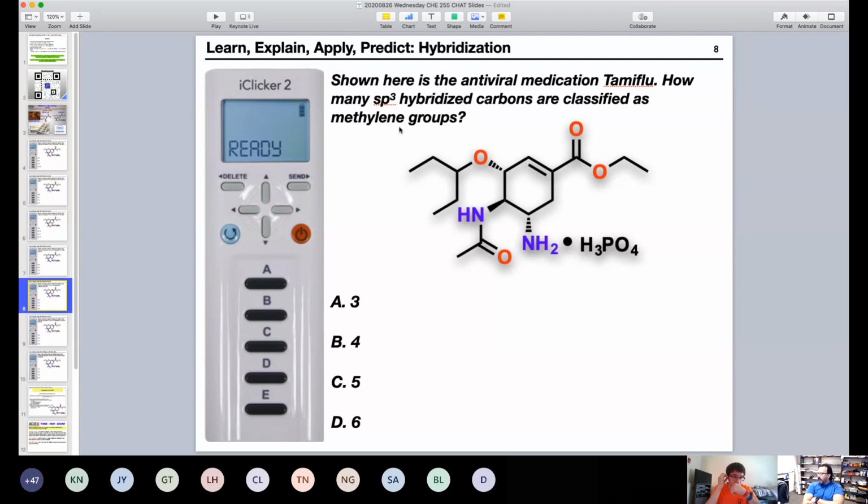So the consensus in the chat is 4. That's correct.